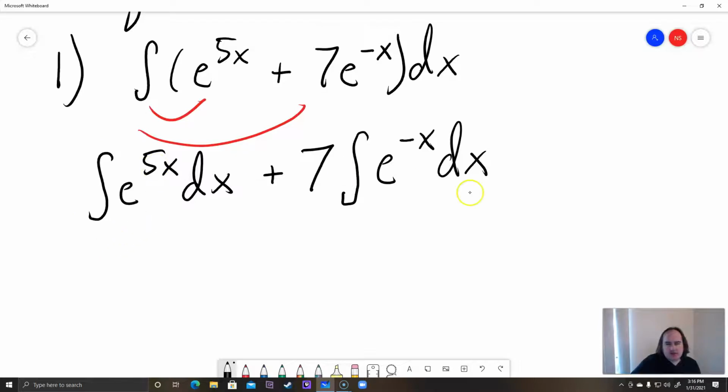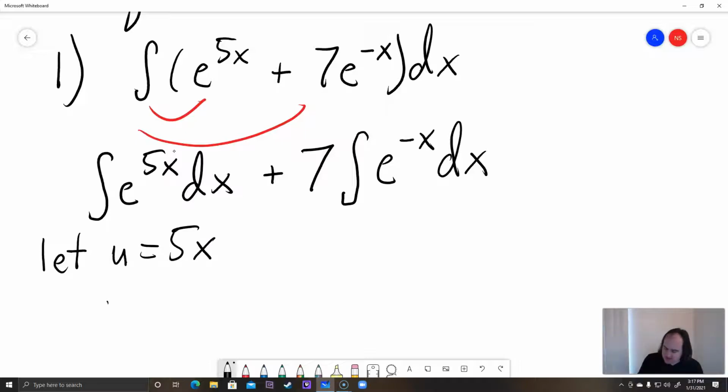Then what we have to do for each of these is write them in the form integral of e to the u du. In other words, we have to use u substitution, and when you're doing u substitution, you generally want to choose u to be the inside of your composite function. For this first integral, the inside of our composite function is 5x, right? So u is going to equal 5x.